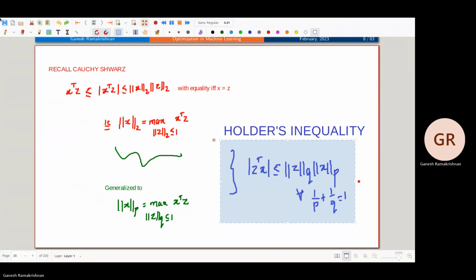But what property should z have? The q norm less than or equal to 1. And z transpose x should equal the p norm of x. And here you'll simply have z.